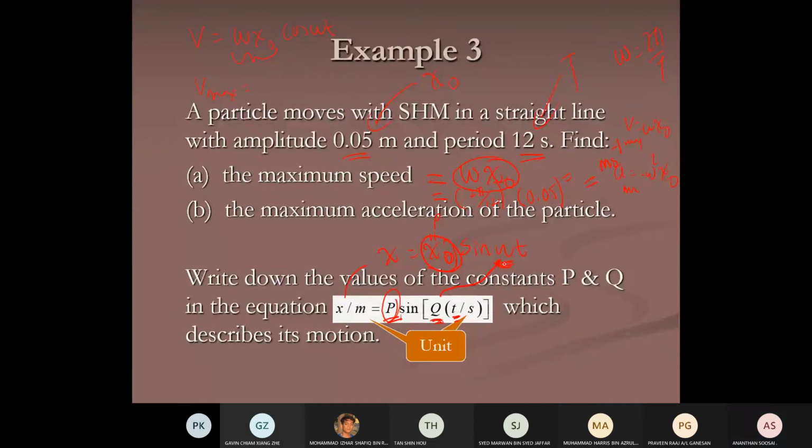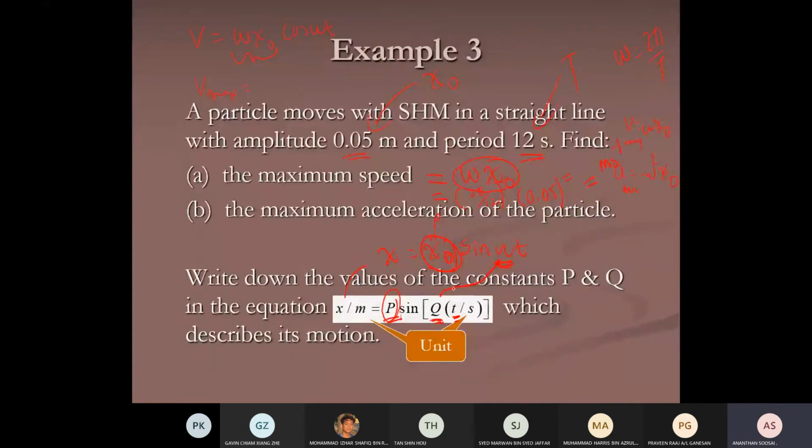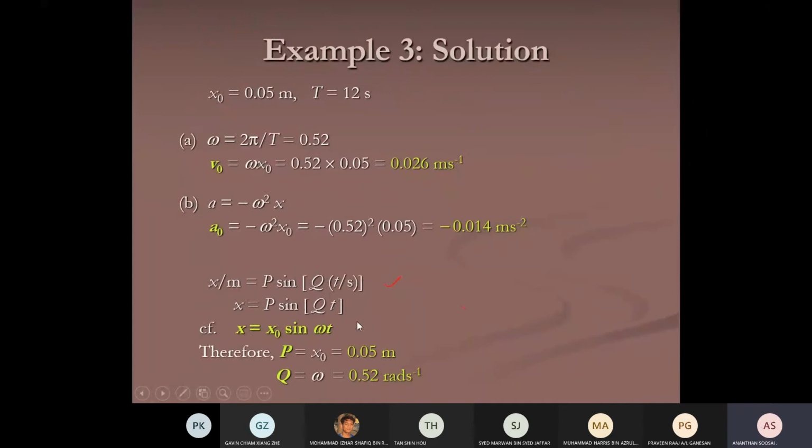Omega is 2 pi over 12. So you substitute into this equation: x equals P sine QT, which is analogous to x equals x naught sine omega t. So x naught we know is 0.05, omega is 0.52. They're asking for P and Q, so P is your x naught, Q is your omega.